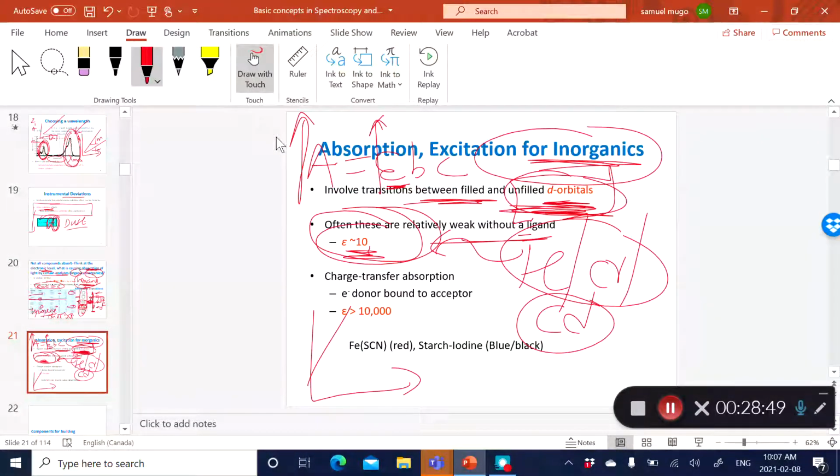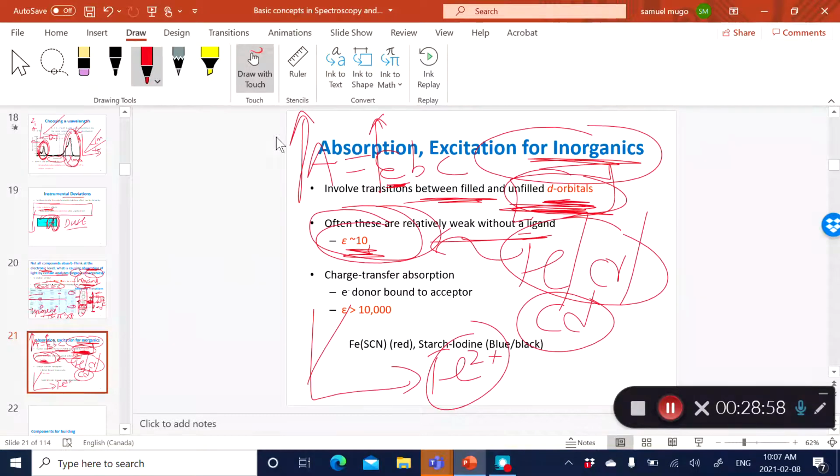You guys have possibly done this before with iron, like those of you who did Chem 211, iron 2 plus. I think you did the analysis of iron in water, but instead of analyzing it on its own, though it's colored, you reacted it with a bipyridine complex, so that now you've got a lot of molecules in the complex.